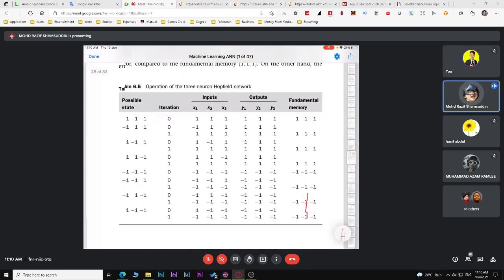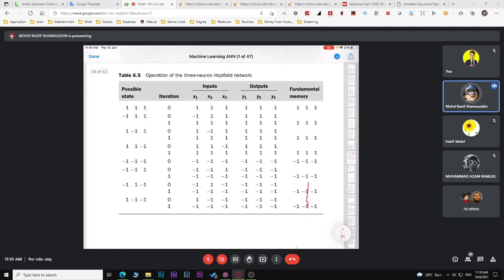Alright, so this is step number 3. Step number 3 is retrieval kan. Okay, in the retrieval phase, we will use an unstable state. Okay, yang mula-mula yang ini adalah stable state.